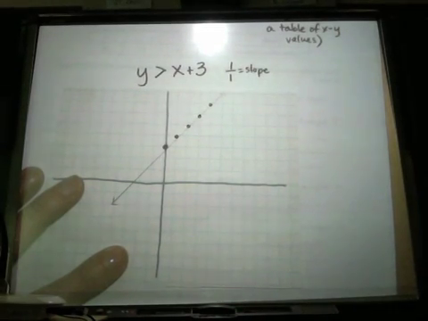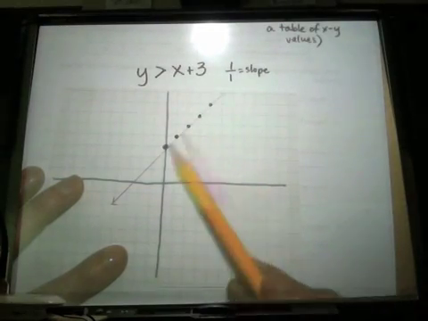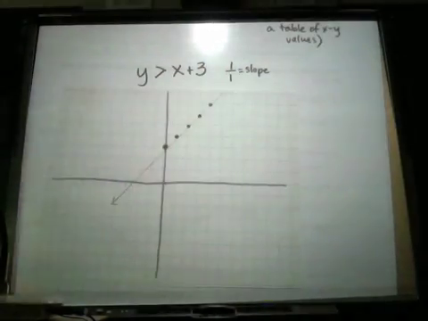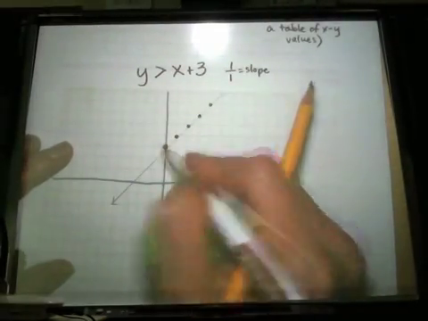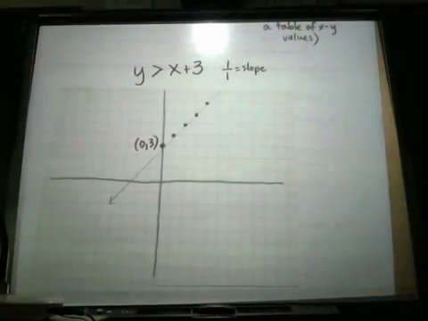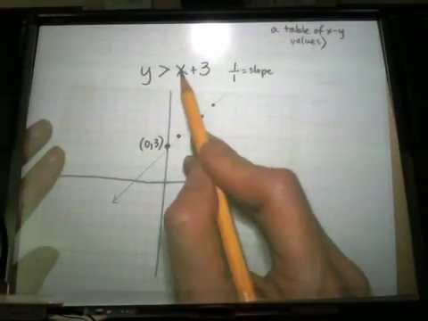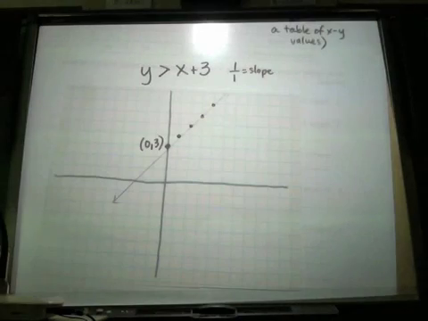Let me say that again just to review. When we had an equal sign, any point on that line, for example, the coordinates of this y-intercept, over 0, up 3, so this point is (0, 3), when I take its x and its y and plug them into my original equation, it would make a true statement. That's what it means to be a point on that line.